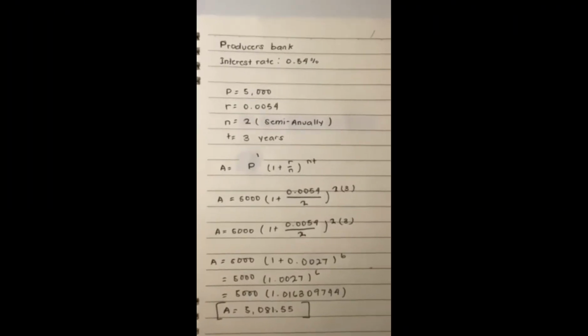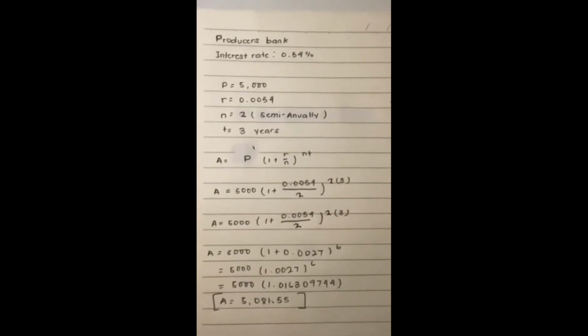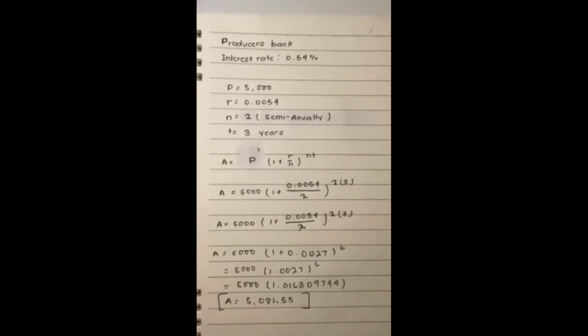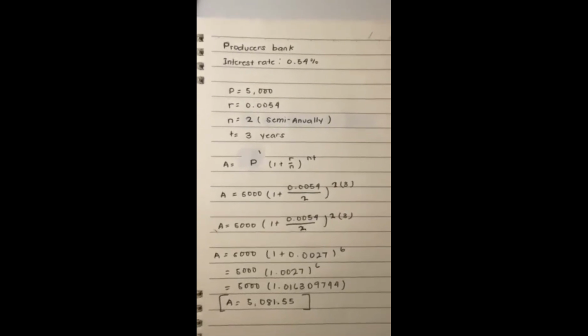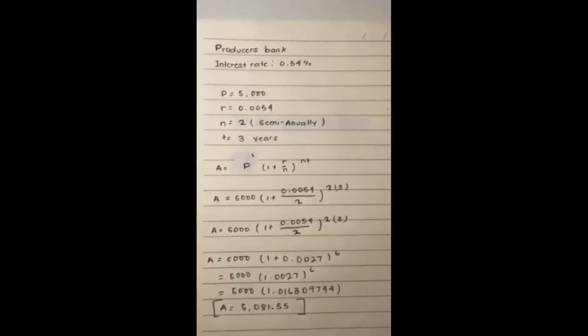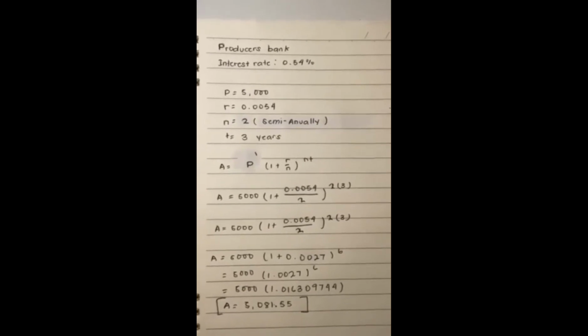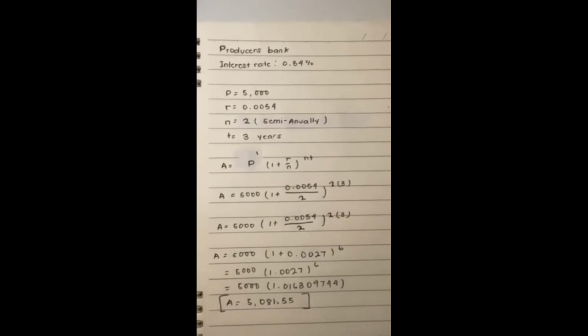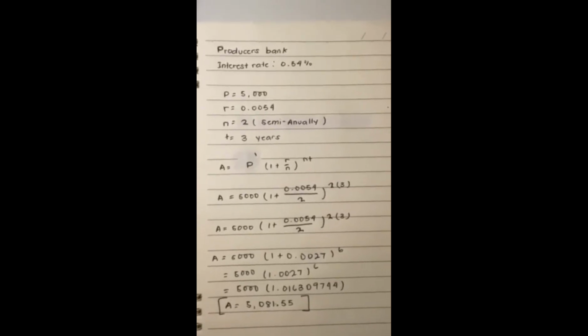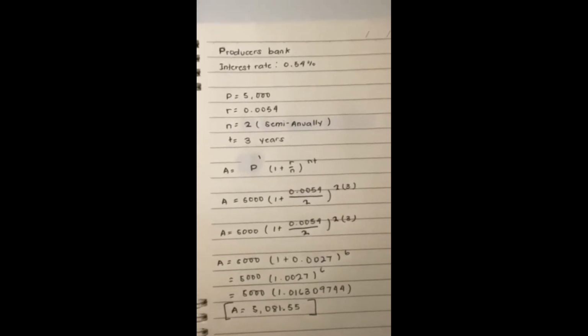Let's calculate the compound interest for an investment of 5,000 with an annual interest rate of Producers Bank, which is 0.54% or 0.0054 semi-annually over 3 years. So we have the given here.